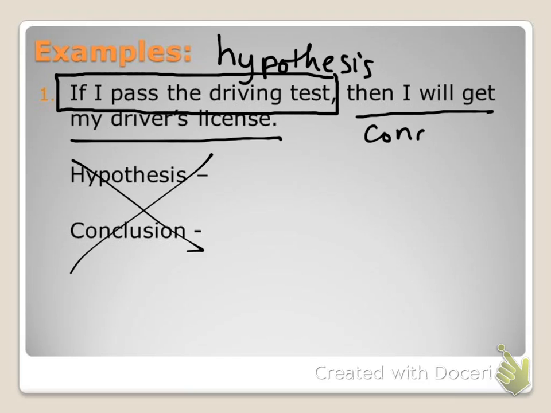Conclusion. Good. So I don't care if you want to box them both in, if you want to circle them both, if you want to underline one of them once and the other one twice, but somehow indicate to me which part is the hypothesis and label it hypothesis, and which part is the conclusion and label it conclusion.